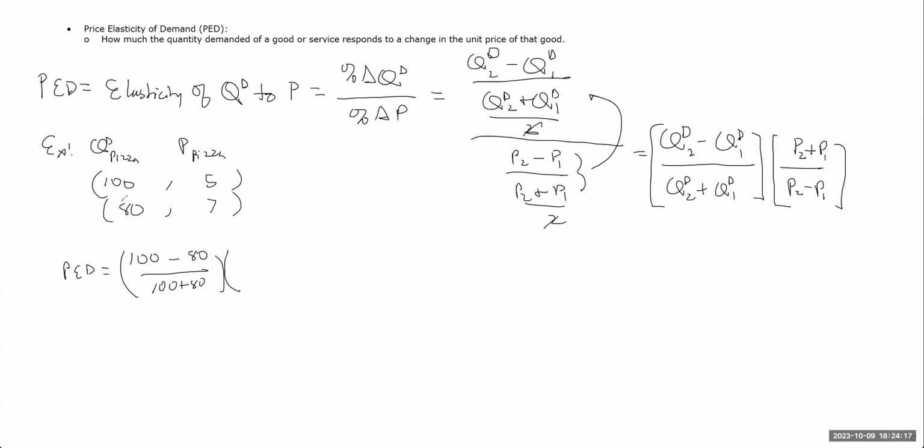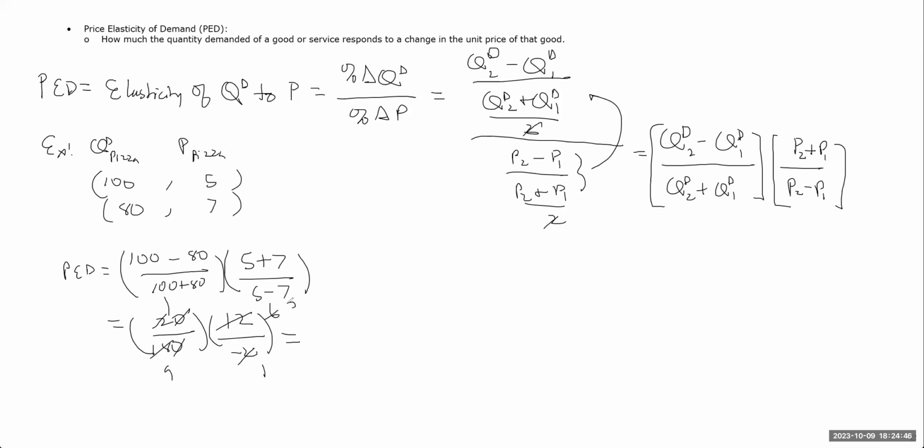And then I use this for QD2 is 100, so I got to use 5 for P2. So 5 plus 7, 5 minus 7. This is 20 over 180. 5, what is that, 12 over minus 2. 1, 6, 1, ninth.